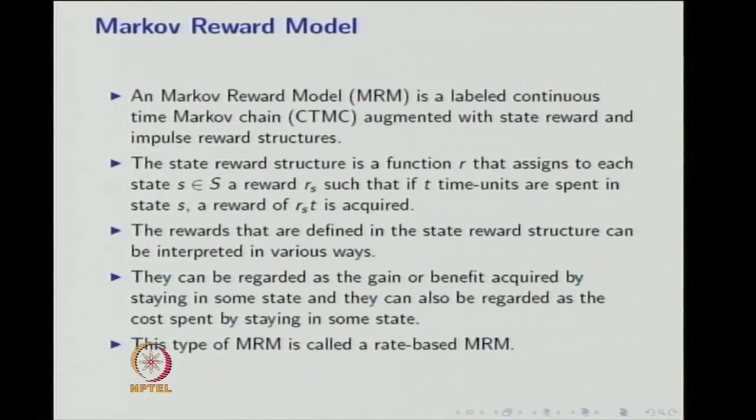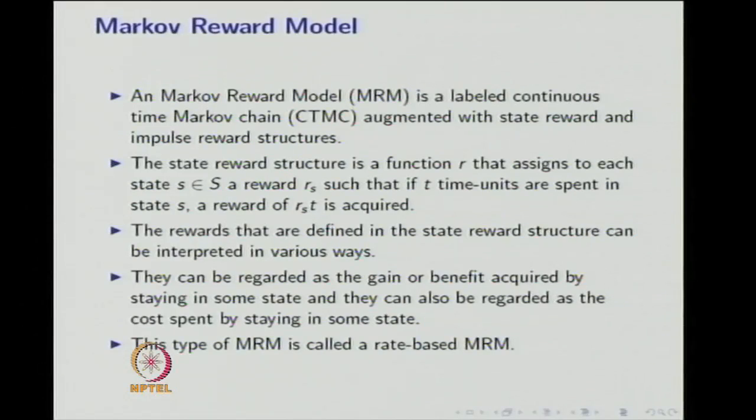The state reward structure is a function R that assigns to each state S a reward R_S such that if t time units are spent in the state S, a reward of R_S times t is accrued.